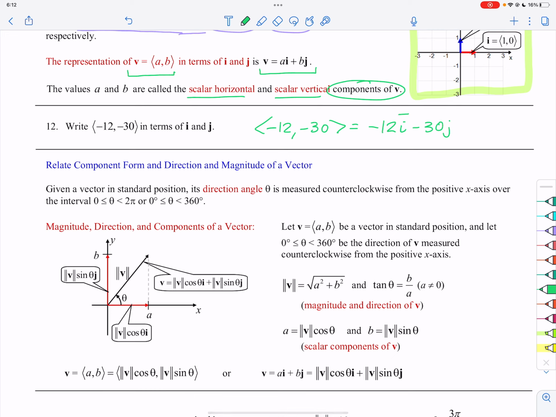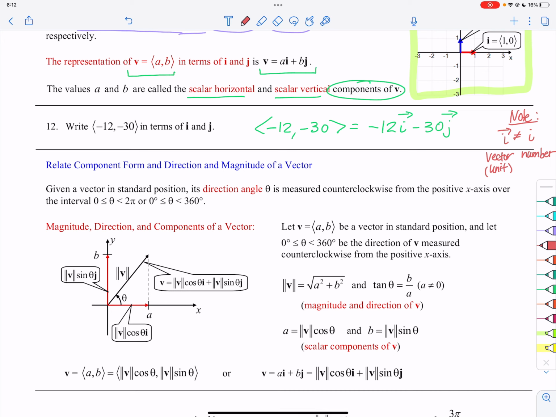And we can go ahead and write those vectors above. Keep in mind that vector i is not equal to the number i. This is a number. This is a unit vector.